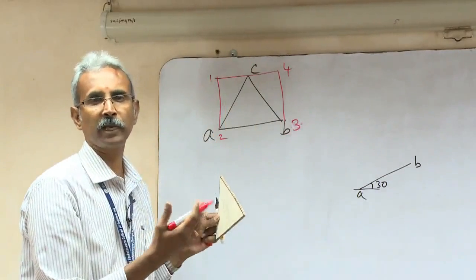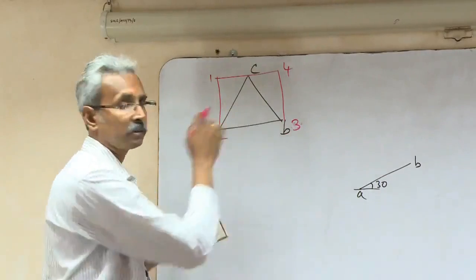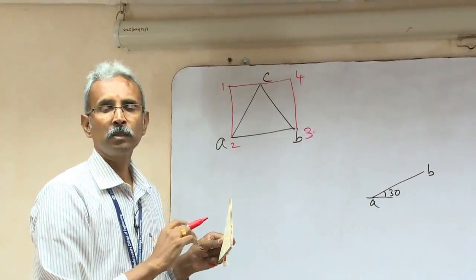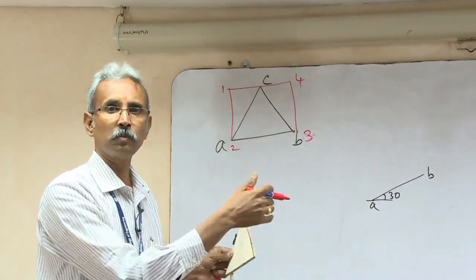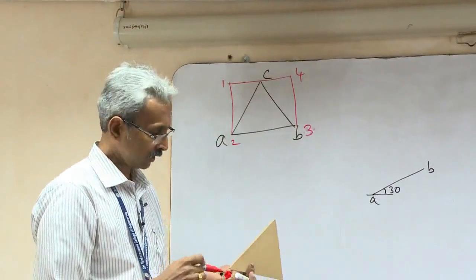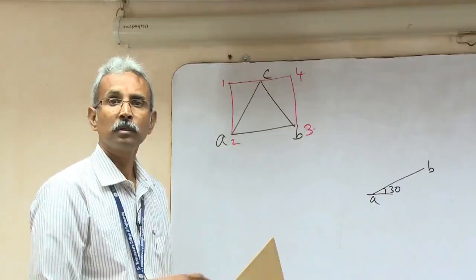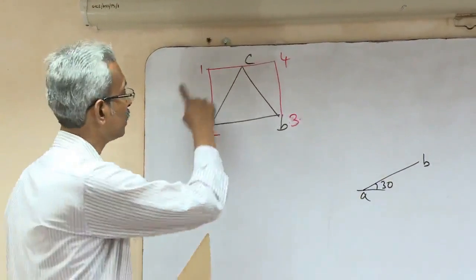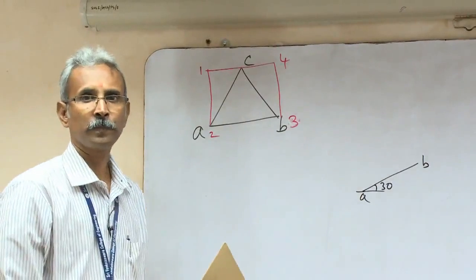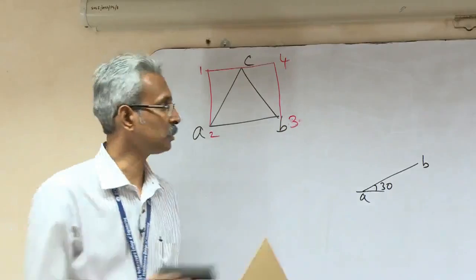So the box could be a square or a rectangle depending upon the size and shape of this. So once I have enclosed it within a box, I know how to draw the isometric view of the box. So instead of directly trying to draw the isometric view of the triangle, first we will draw the isometric view of this box 1, 2, 3, 4. Then we will see how to draw the isometric view of it.